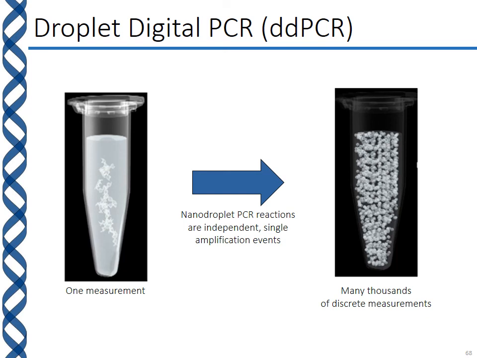Whereas with ddPCR, each of these oil droplets is an independent single amplification event, and so you can take that exact same volume and divide it into many thousands of discrete measurements, and you can use that to calculate the concentration of DNA in your original sample as well.